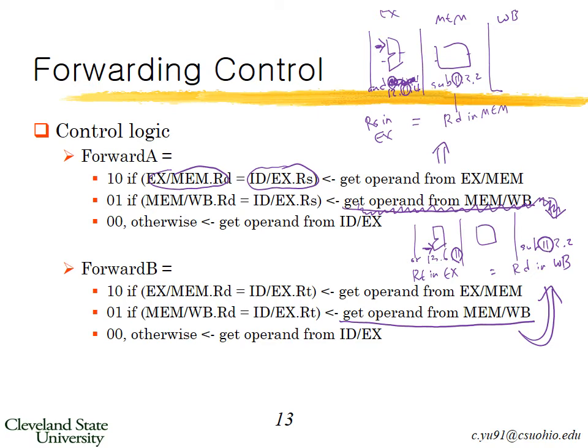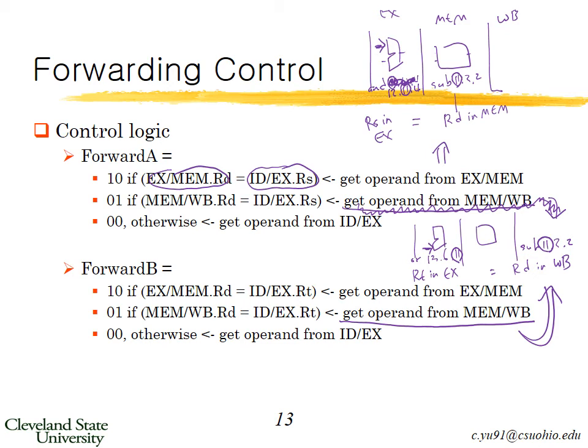The destination register of the subtract instruction is 11, so RD is 11 in the memory stage, and RS in the execution stage is 11, since the AND instruction has 11 as a source register. If RS in the execution stage and RD in the memory stage are the same, that satisfies the feedback condition. If that happens, you need to get the value from the memory stage rather than the register file.